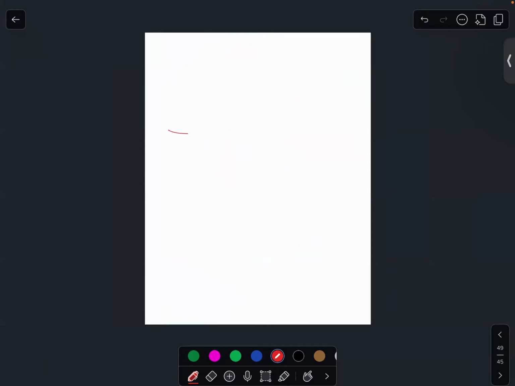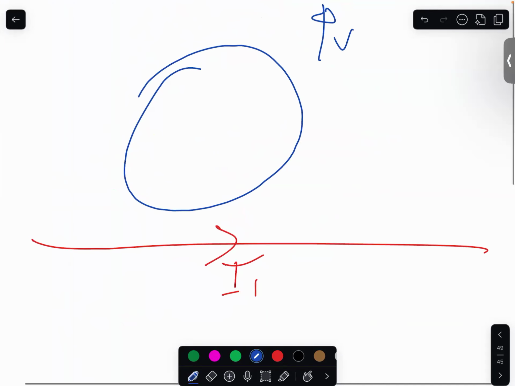So here is my constant current, I1. I'm going to make a loop of wire, and I'm going to drag this loop away. You do not have the mathematics to calculate the magnitude, but I want you to calculate the direction of current in the loop as the field in it gets weaker and weaker. It is being pulled away from the constant current.